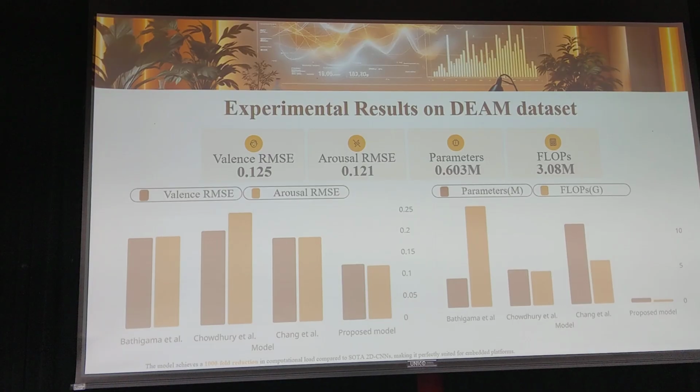In stark contrast, our architecture requires only 0.603 million parameters and executes a mere 3.08 million FLOPs. This translates to a computation load reduction of over 1,000 times, shifting the workload from gigascale to megascale, while achieving superior accuracy.